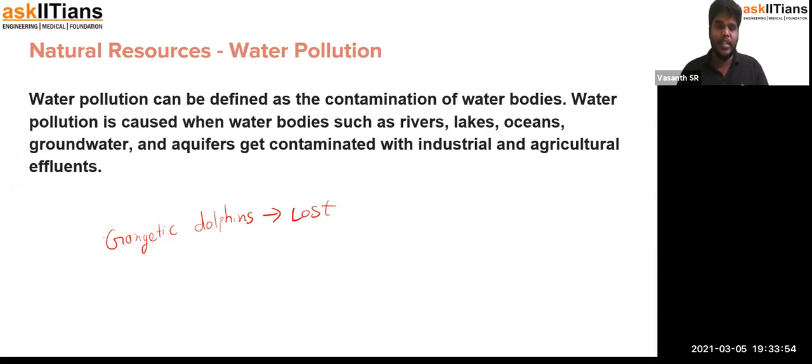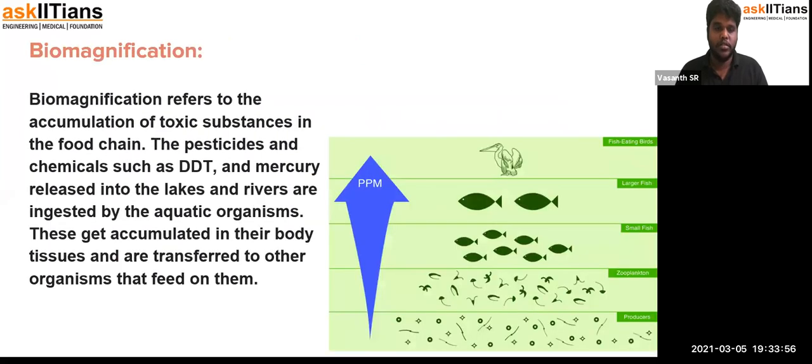Okay. So the next thing that we're going to study about is biomagnification. Biomagnification, in a nutshell, is where we see a food chain over here. These are called producers, or phytoplanktons, or green producers, and then these are zooplankton.